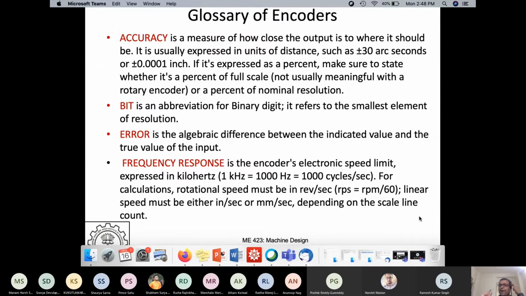How many points I'll get in one cycle is very critical. In one rotation I can get 16 or 20 or 100 points, but I'm also limited by how many data points I can capture in 1 second. How fast I can extract that information is the frequency response.